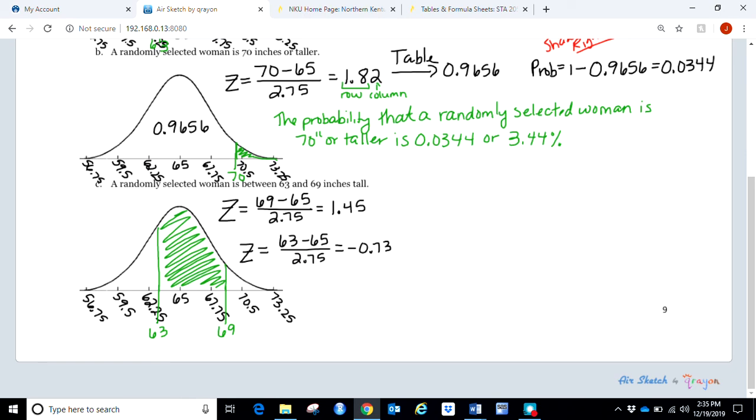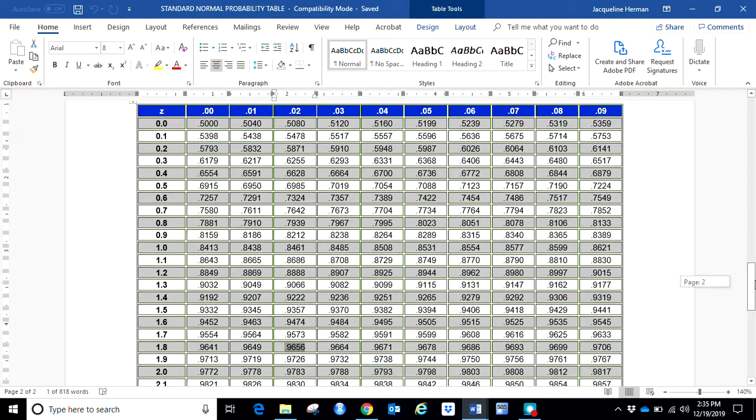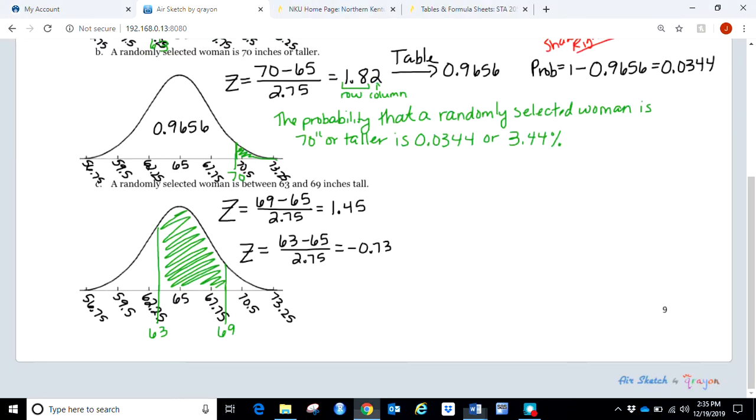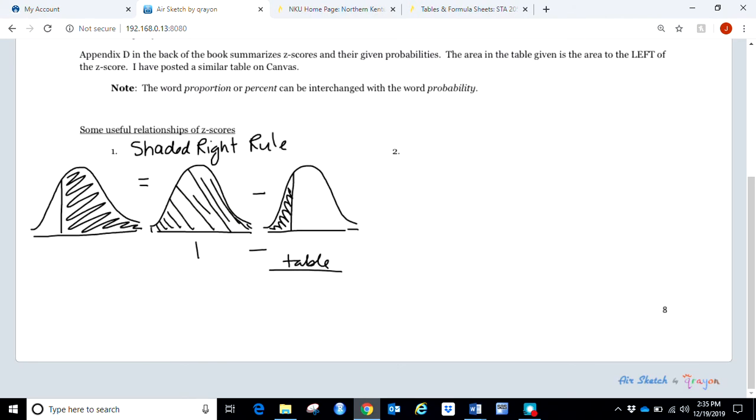All right, so our next thing is to go to the table appropriately. Recall that our table reads to the left. That's not how my picture is shaded. It's shaded between, but I have to use this table in some way to help me come up with my answer. So we're going to talk about rule 2 on the previous page.